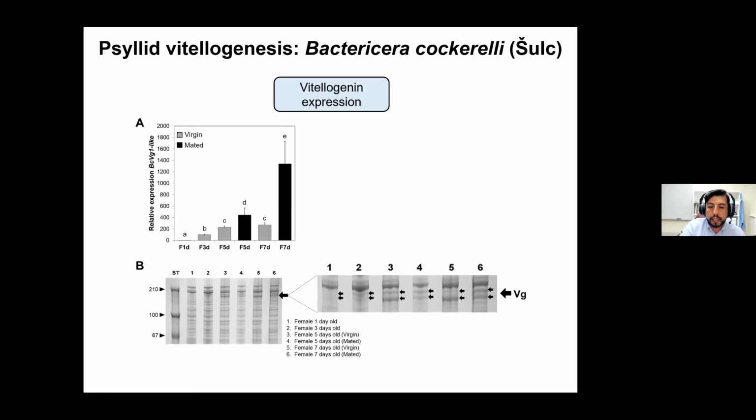We sent those two bands for sequencing using MALDI-TOF, and we determined that both correspond to vitellogenin in different conformations. Probably one of them is directly synthesized in the fat body and then moved to the oocyte, and this protein has different post-translational modifications that may vary its size.